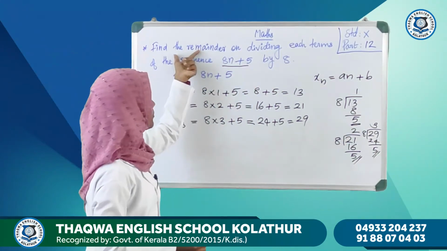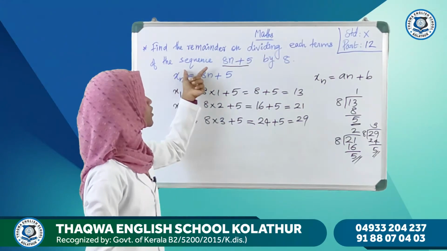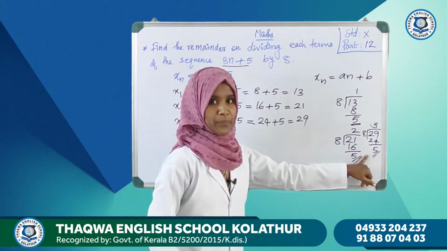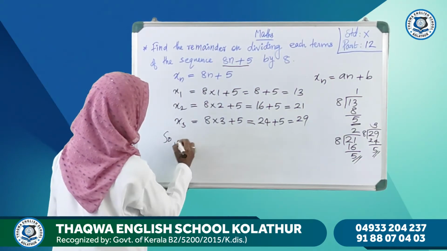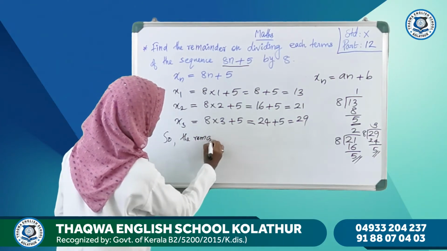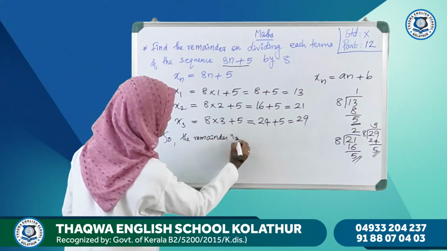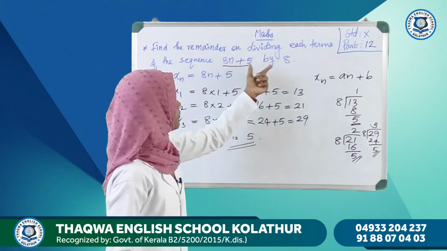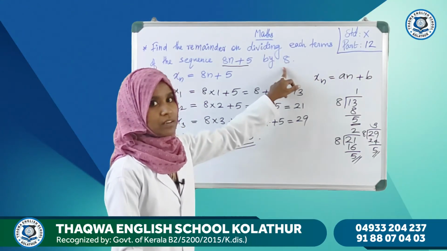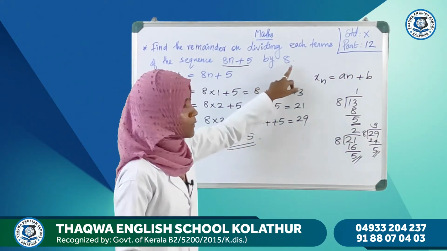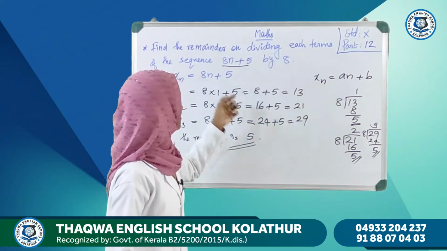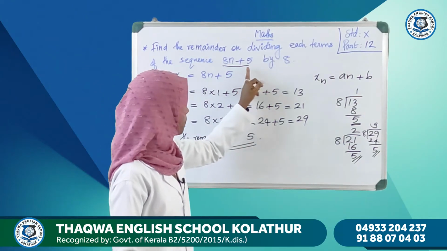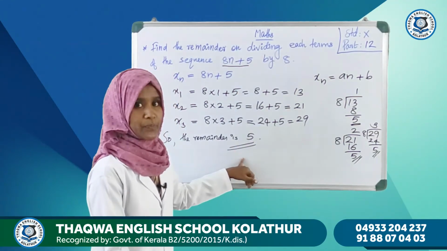Here we have to divide the number by 8. So the remainder on dividing each term of the sequence 8n plus 5 by 8 is 5.